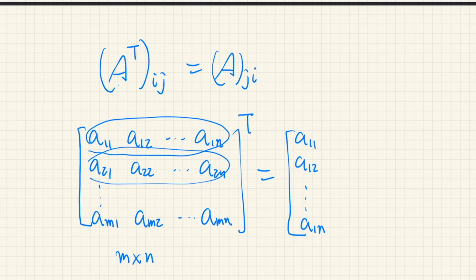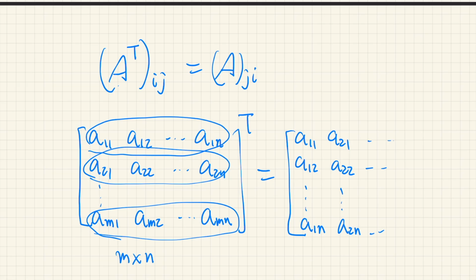The second row becomes the second column: A21, A22, and so on, A2n. And the last row becomes the last column: Am1, Am2, and so on, Amn. As a result, we get an n by m matrix. So that's the definition of the transpose.